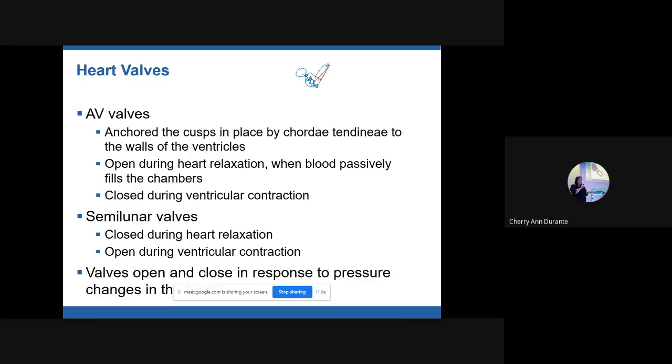This one closes so the blood does not backflow into the atria. Everything should go straight to the lungs. Those are the actions of your AV valves and semilunar valves.